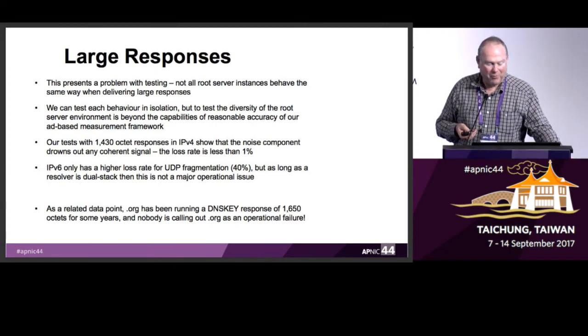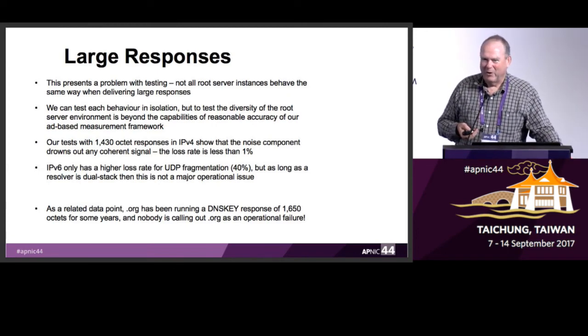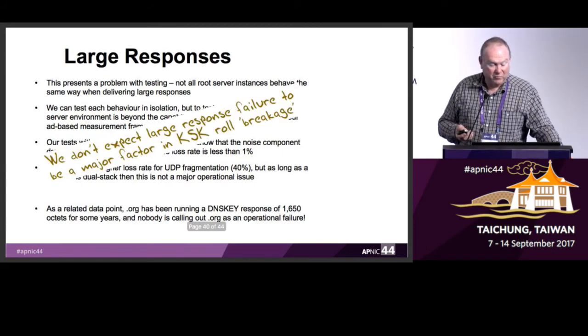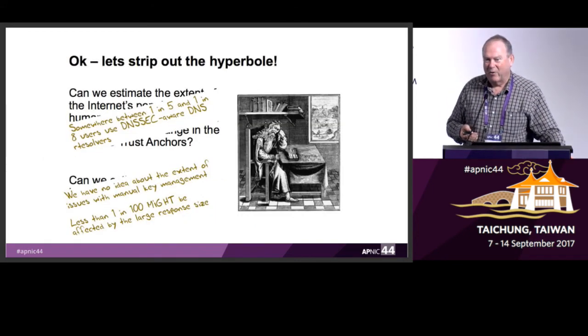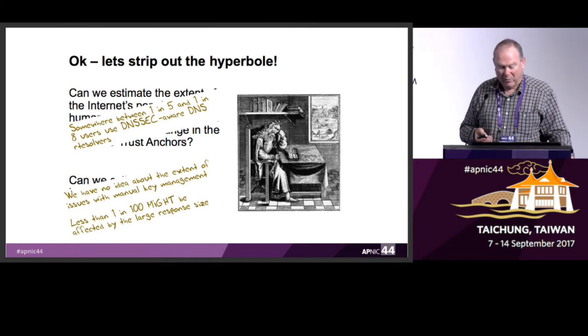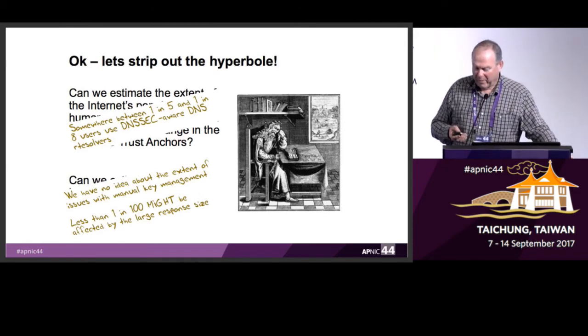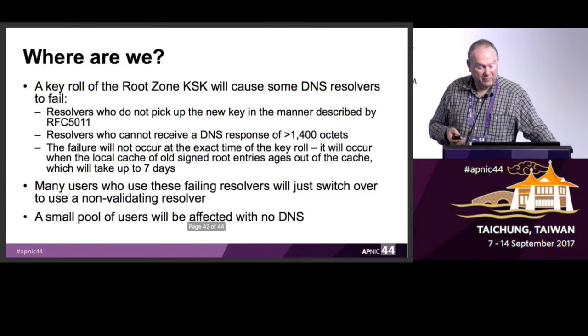So anecdotally, the data point says that if there is a loss, it's really low. Our experiments say it's well under 1%. So we don't expect this to be a major factor. Difficult to quantify, but we think it's much lower than 1 in 100. So not a big issue as far as we can measure.